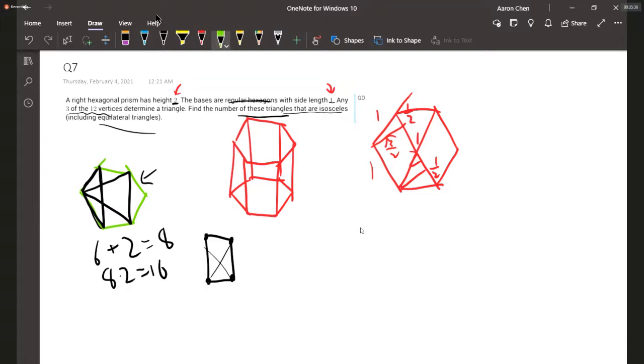And now the next case, you've already noted that this diagonal is of length 2, and that's equal to the height. And so the next case is when the triangle looks like this. The triangle is here.